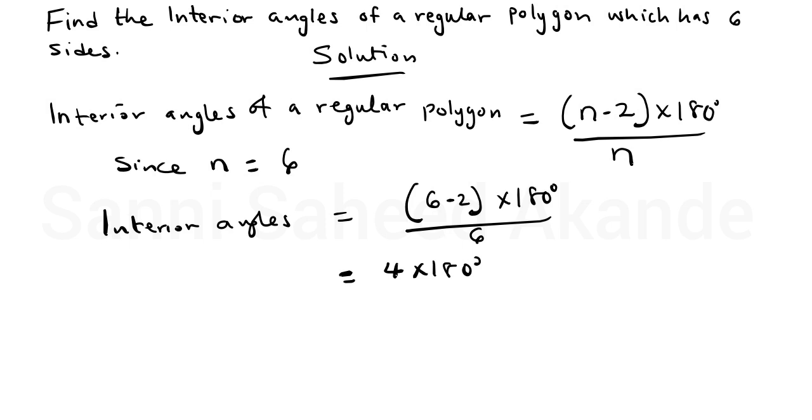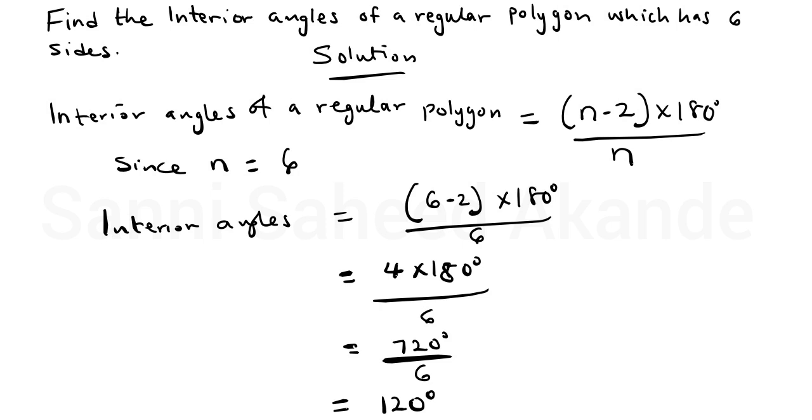So 4 multiplied by 180 will give us 720 degrees, divided by 6. 720 divided by 6 will give us 120 degrees. And that is the interior angle of this particular polygon with 6 sides. Understood? All right, so let's proceed.